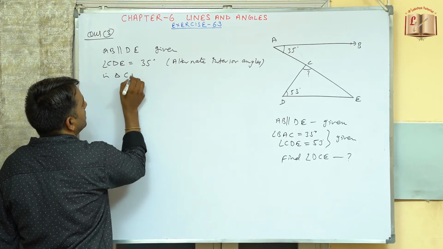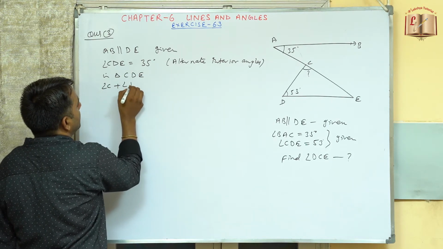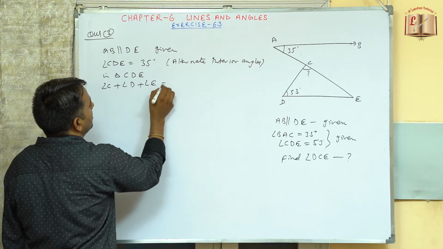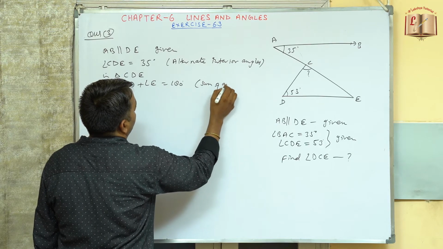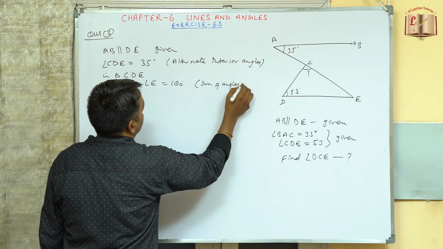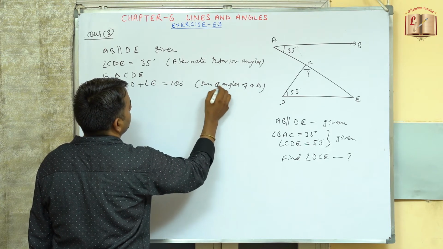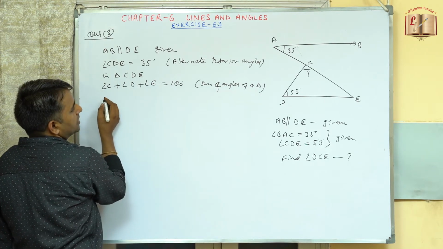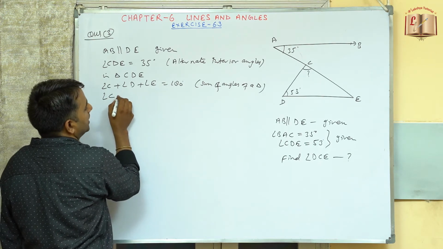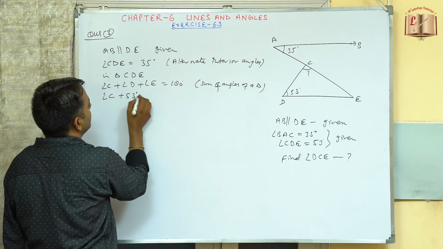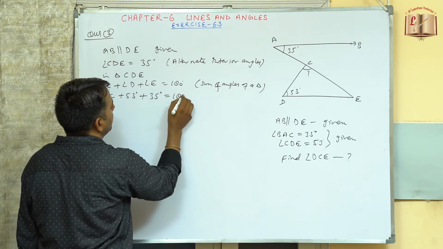Now in triangle CDE, angle C plus angle D plus angle E will be equal to 180 degrees, the sum of angles of a triangle. So angle C we need to find out, plus angle D is already given, this is 53 degrees, plus angle E is 35 degrees, this is equal to 180 degrees.